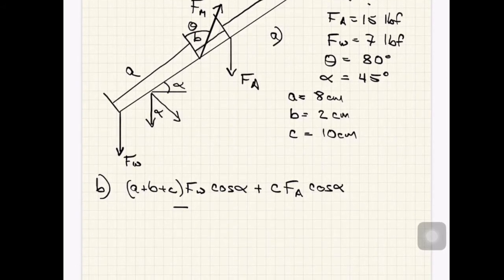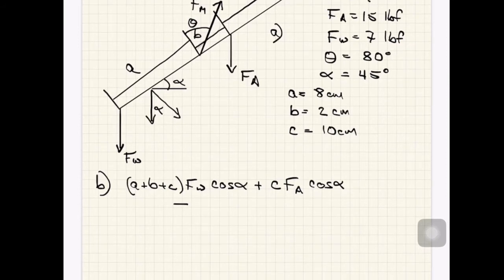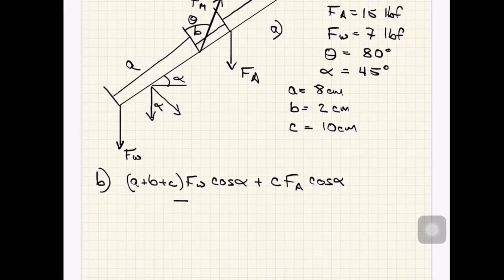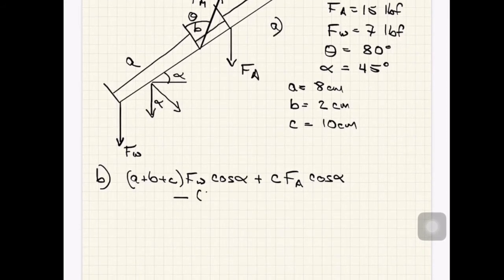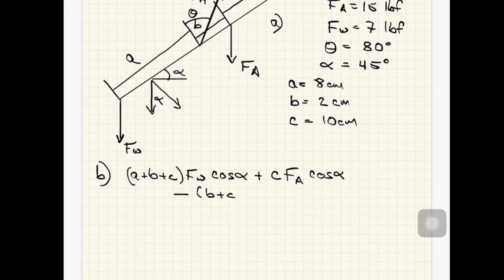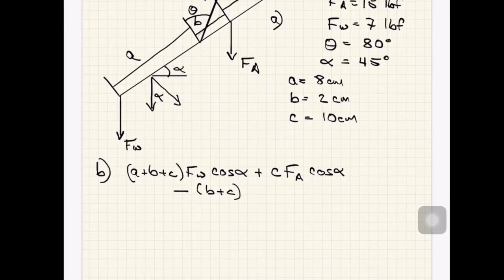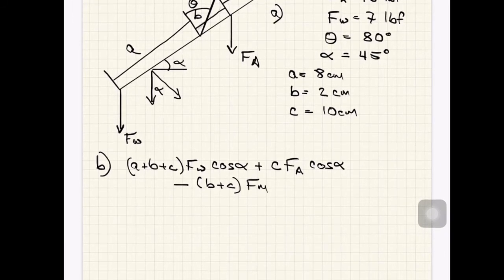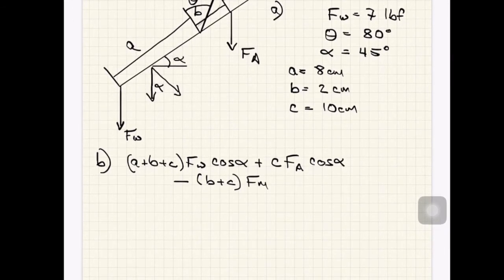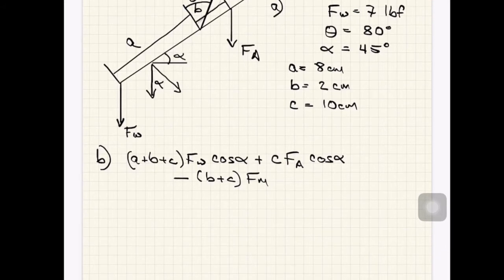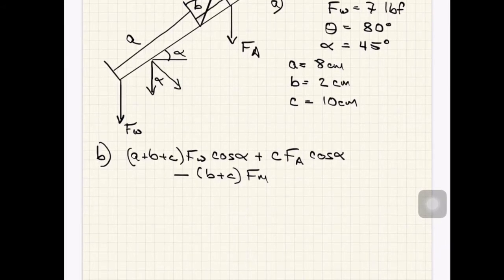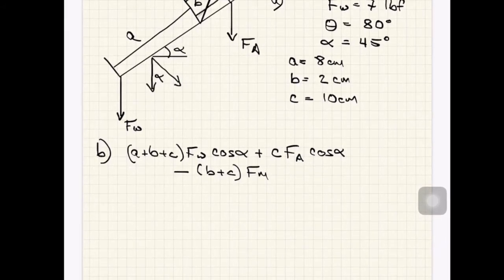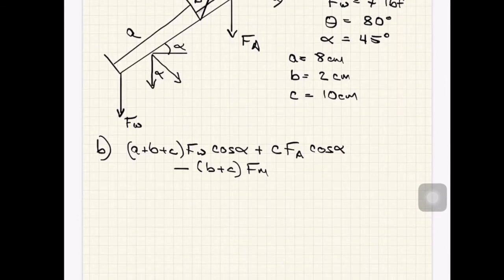So the muscle is acting over a length, and that length is B plus C, not times C. So B plus C, that's the lever arm. Then we have FM. And now we have to figure out, what's the normal component of that force? And we're nicely told that the angle between the normal and the application of that muscle, the insertion of that muscle, is called the angle theta.